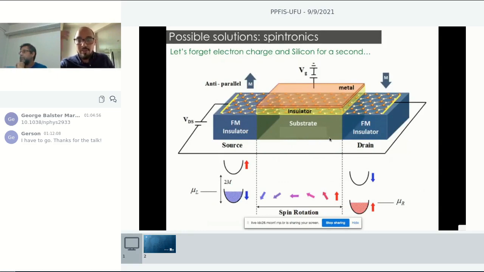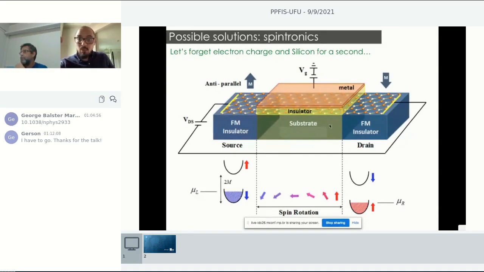So we are able to say, okay, when the spin is the same as the magnetization on the right side, we have a non-zero probability of a transition between the central region and the right side of the device. But when the spin is opposite, there is no probability of this transition.